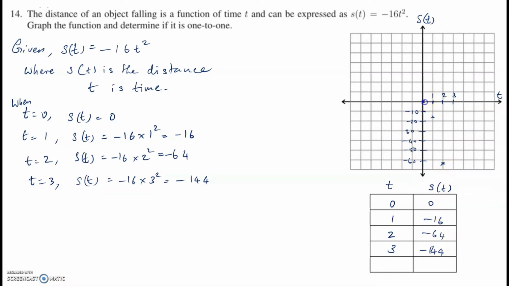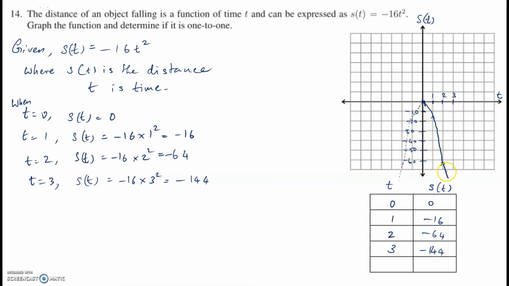So if you connect these points, you will get a parabola. But since t is not negative, I will just put the dotted lines just to show if it is a negative value. But we're going to take only the positive values.